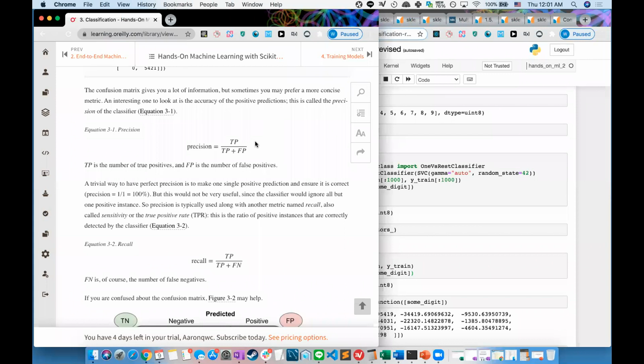Sorry, Joseph. I think ROC is recall versus 1 minus specificity, right? Yes, 1 minus specificity, exactly. And specificity is TN divided by TN plus FP. When we say sensitivity, it's just the same as recall.